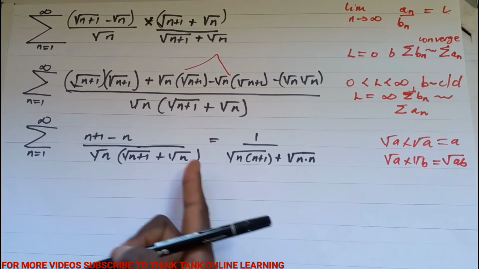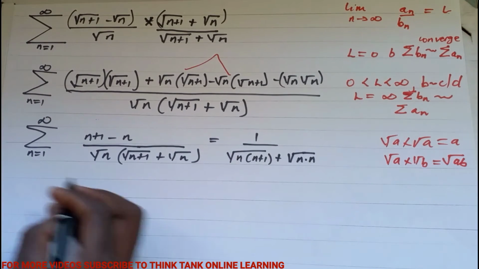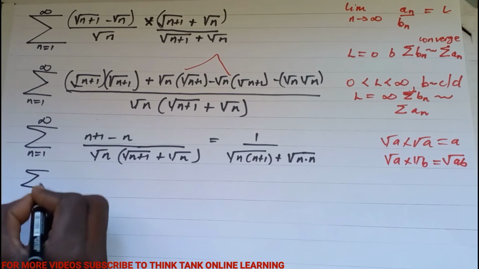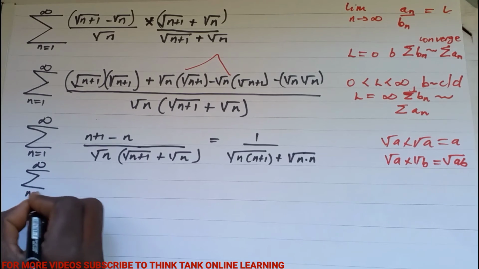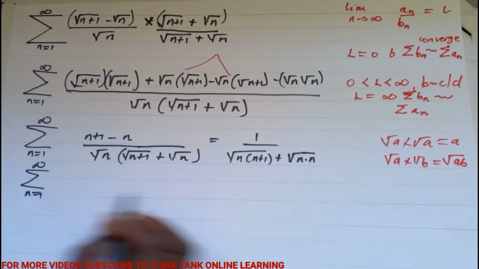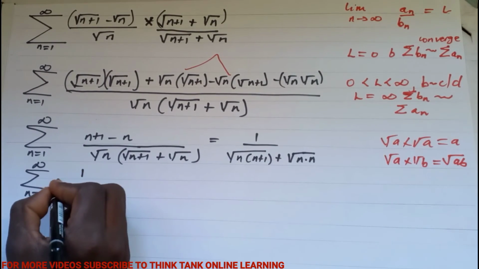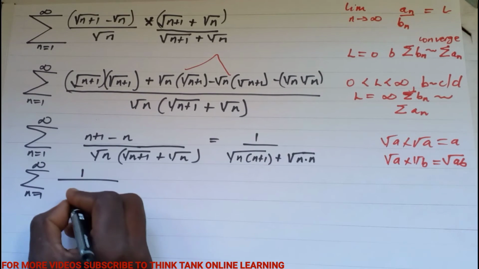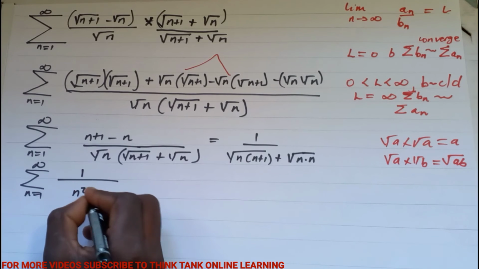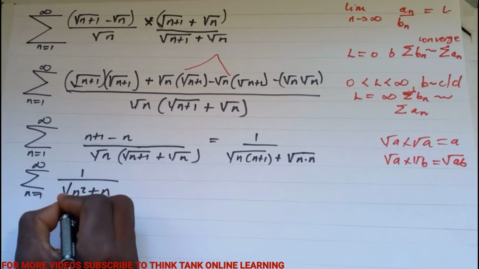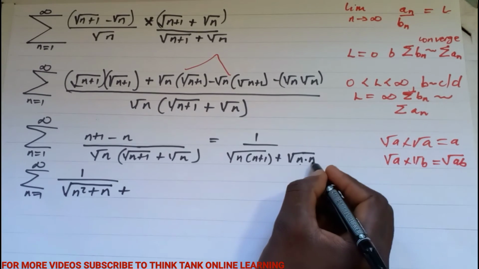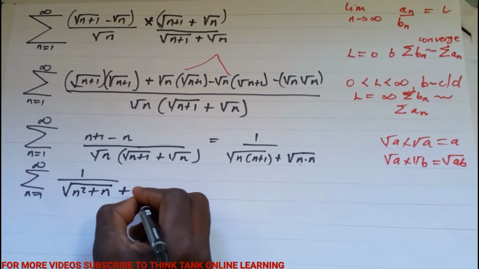And what is this equal to? This is equal to n minus n, 1 here on the numerator. And here I have n squared plus n, under the square root, plus n times n, which is n squared. The square root of n squared is n.